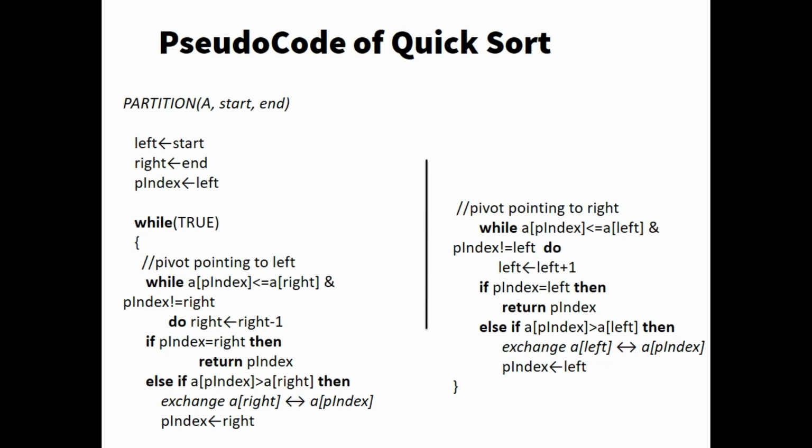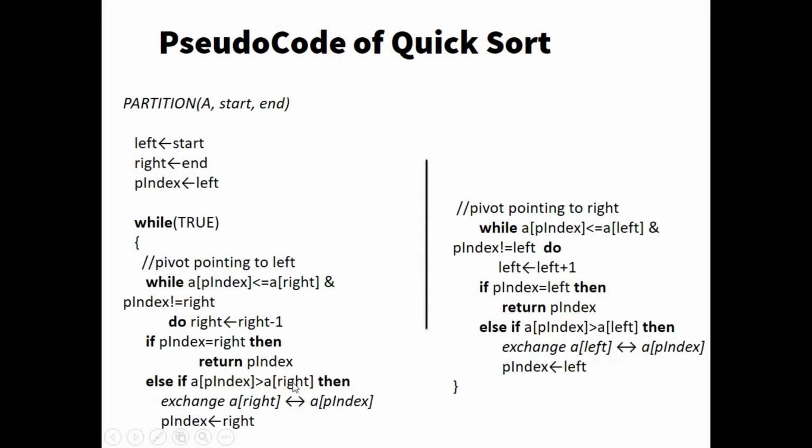We can see the pseudocode here. We take the leftmost number as the start point, the rightmost number as the end point, and the pivot index as the leftmost number. While the pivot index is lesser than the rightmost element index, and the pivot value is not equal to the value of the rightmost element, we have to decrease the index of the rightmost element.